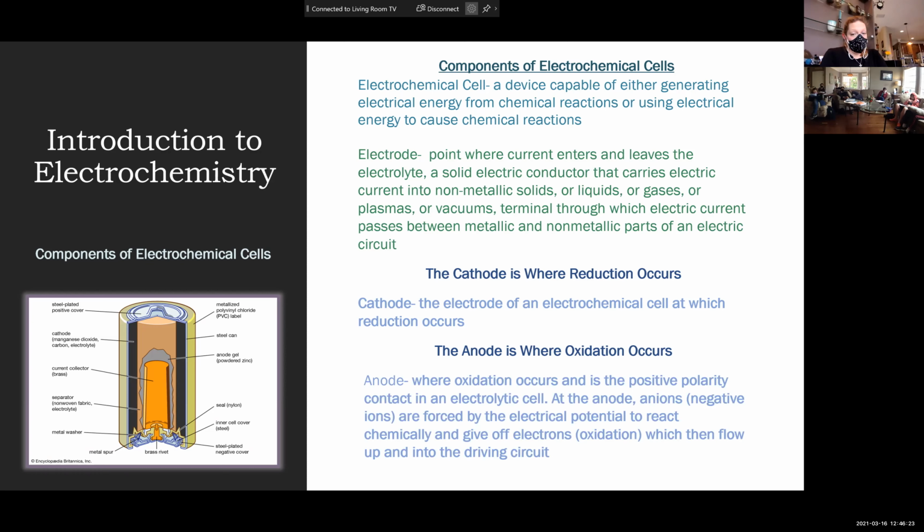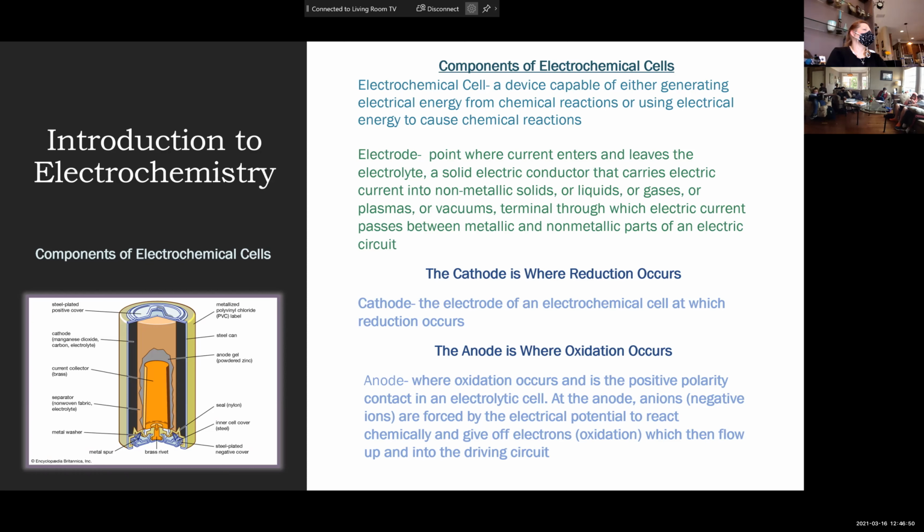So this says that your anode is where your oxidation occurs. And it also says at the anode, anions, which are negative ions, are formed by the electrical potential, which involves your force, so there's your voltage, to react chemically and give off electrons, which is oxidation, which flow through the circuit. So we did OIL RIG a minute ago. Oxidation is loss of what?